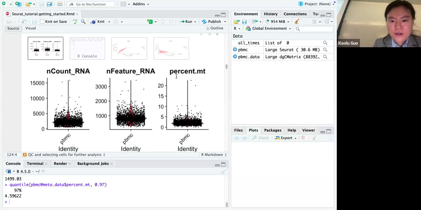And the third one is the percentage of the mitochondria mRNA, and still each dot is a cell.